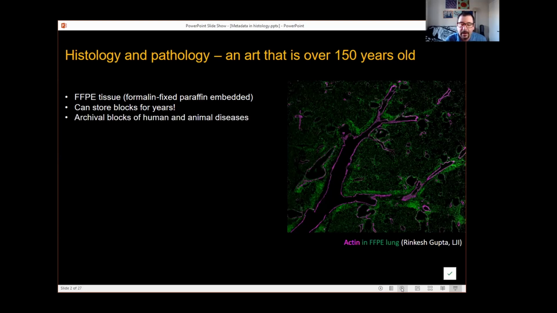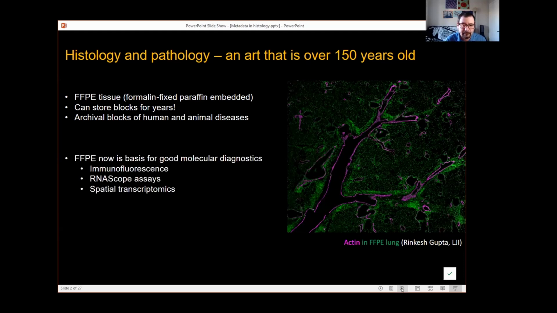And I'm mostly going to be talking about formalin fixed and paraffin embedded sample preparation. But I think a lot of those things that we've done are applicable to other microscopy methods as well.